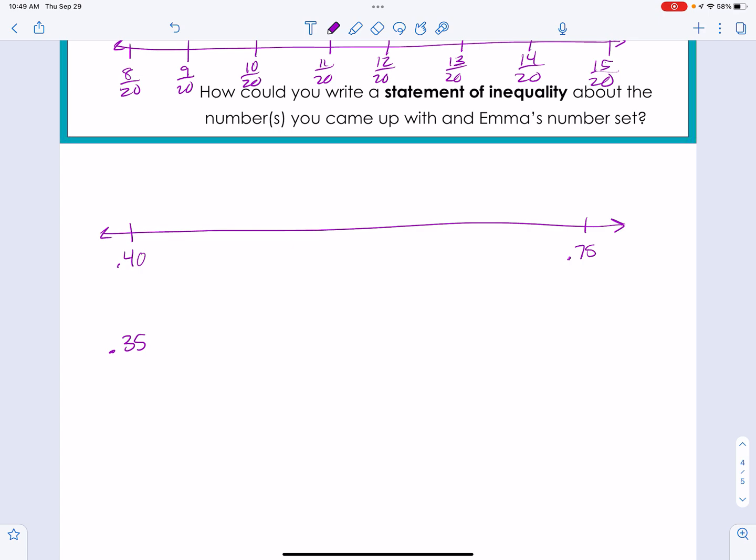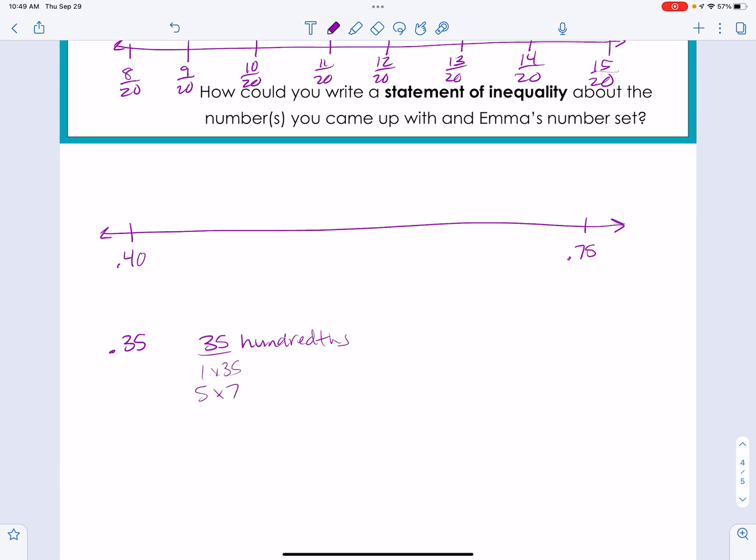So let's think about what factors we know of 35/100. I know the factors of 35 are 1 and 35, but I don't really feel like drawing an interval of hundredths. I don't need 35 little tick marks there. I also know we have 5 and 7.